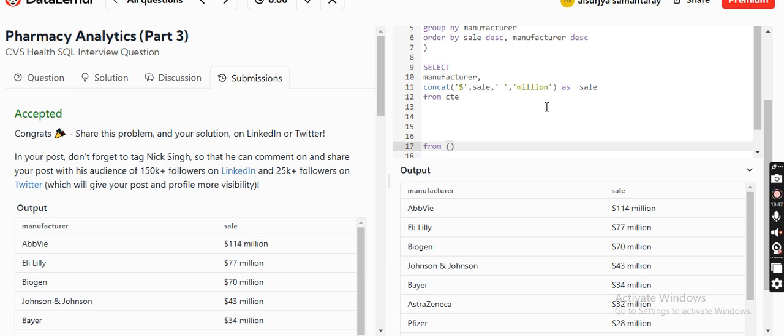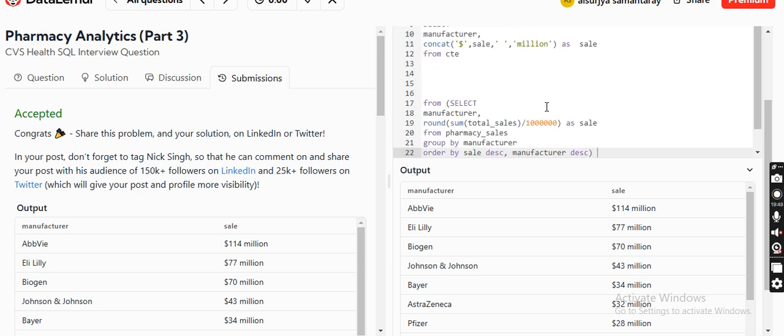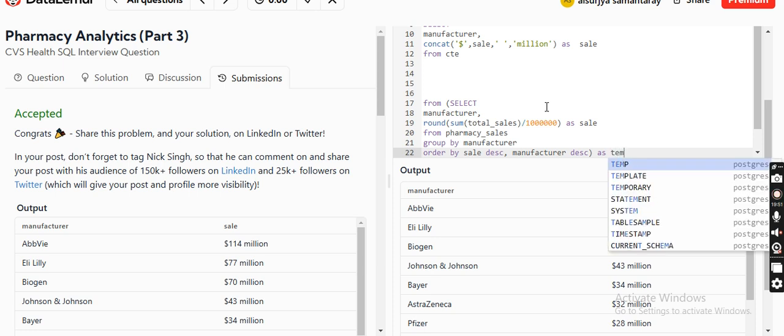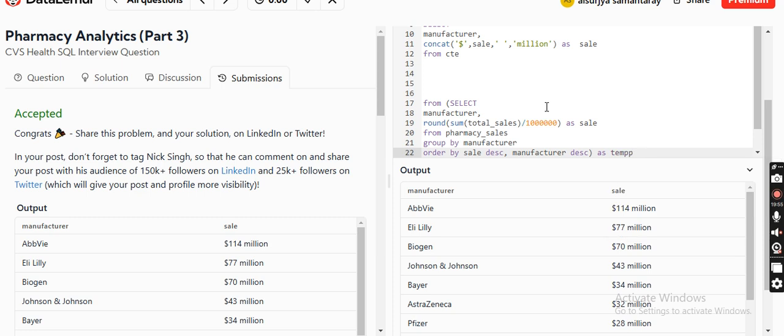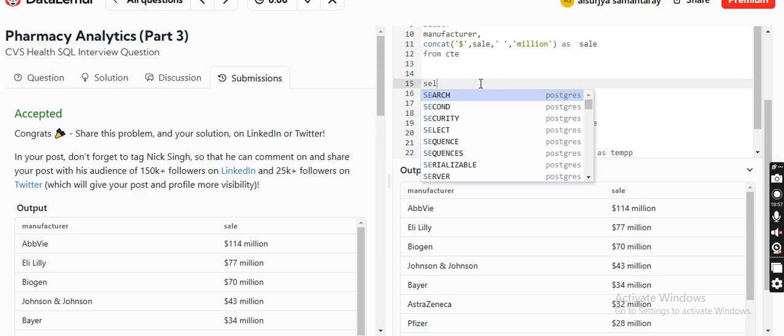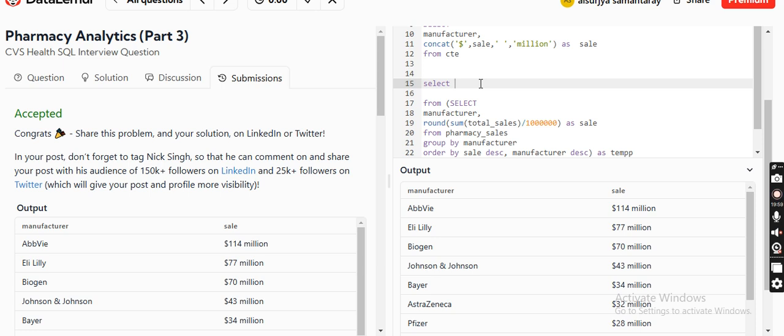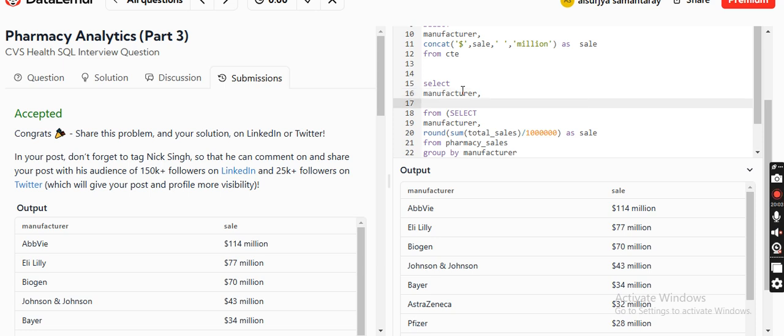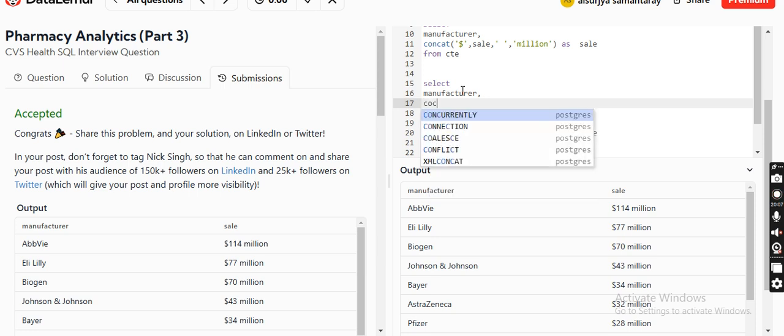From subquery name as, let's say, temp. Okay, we need select manufacturer, comma, and what do we need? We need that concat part, right?